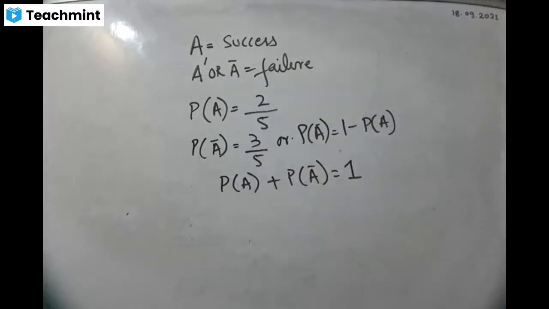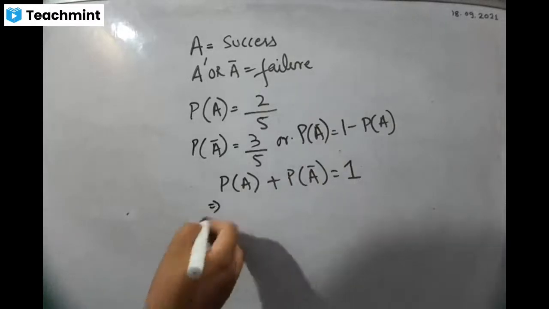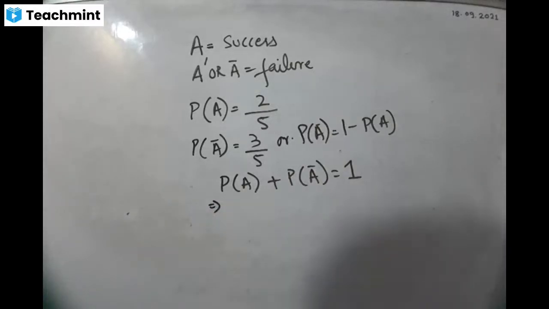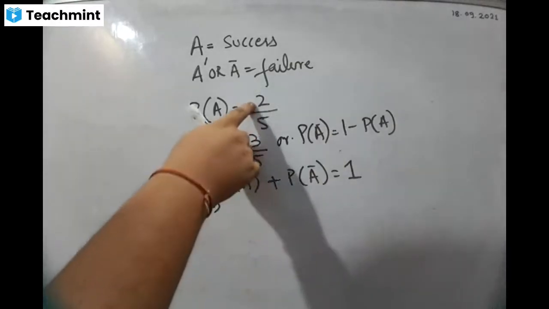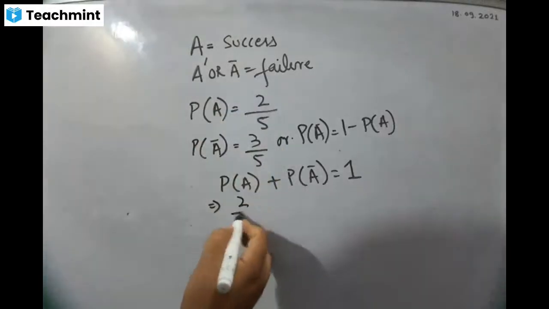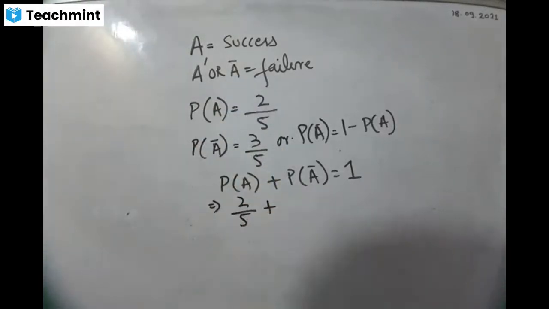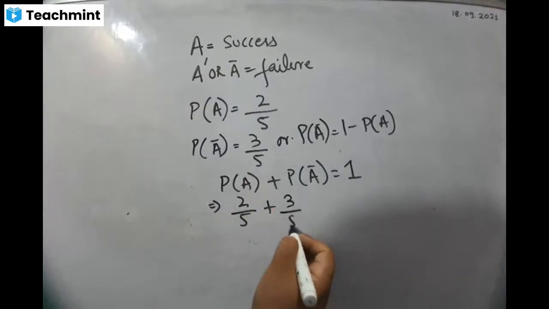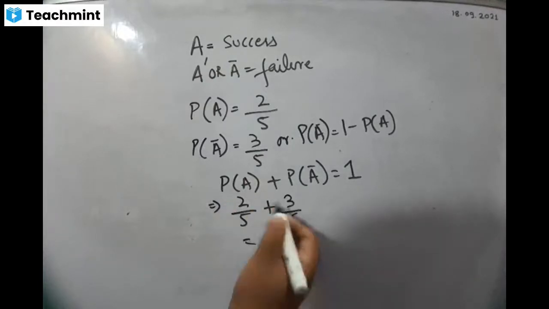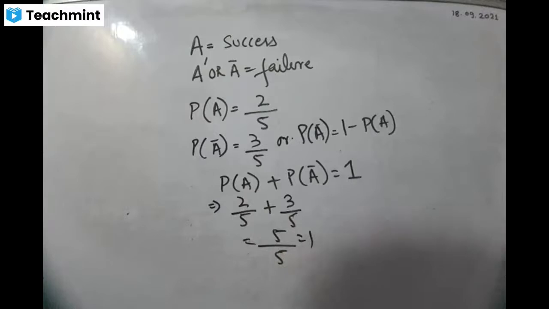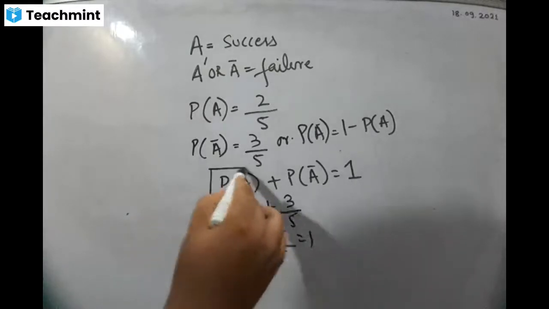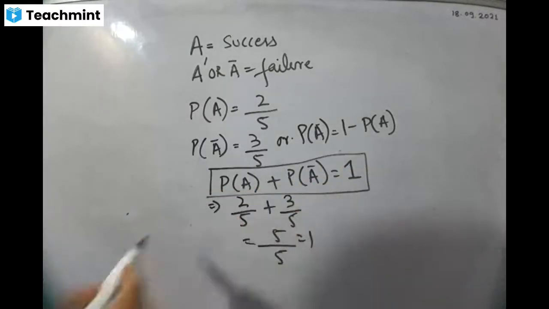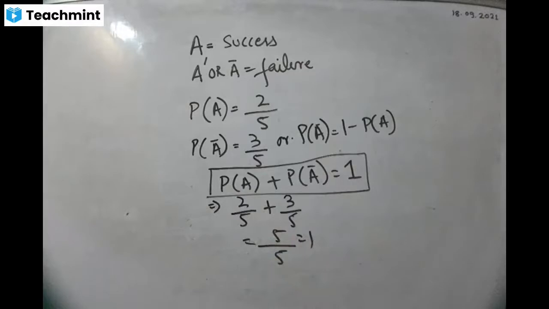The probability of A, that you could solve the problem, is 2 by 5, since out of 5 you could solve it only two times. Plus the probability of A dash, that you could not solve the problem, is 3 by 5. The LCM is 5, so 2 plus 3 is 5, and 5 by 5 is 1. So the second formula that you have to learn is probability of A plus A dash is equal to 1.